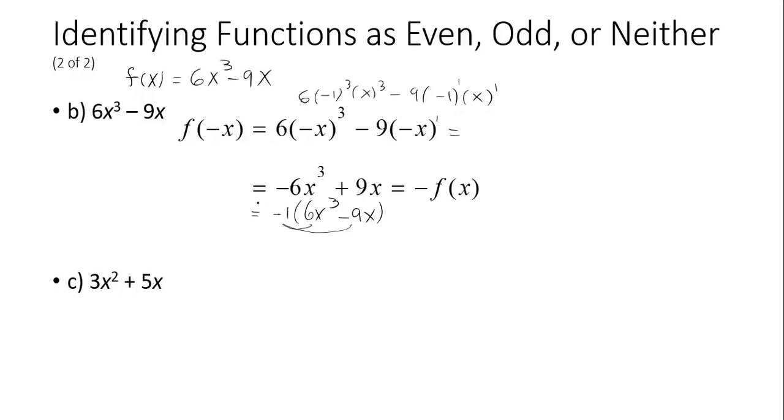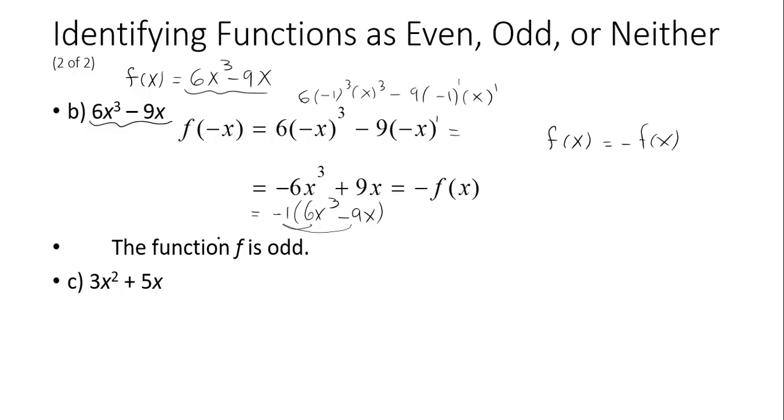So this is my f of x right here. So that's the same as minus f of x. So here we are concluding that f of minus x is equal to minus f of x. And if you recall, that was the condition for an odd function. So this is an odd function.